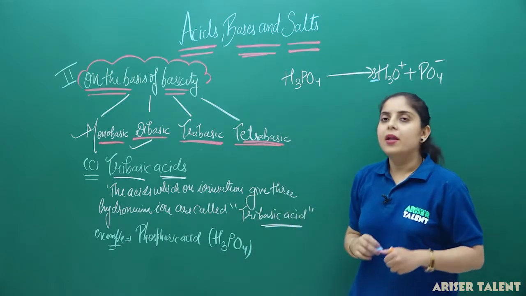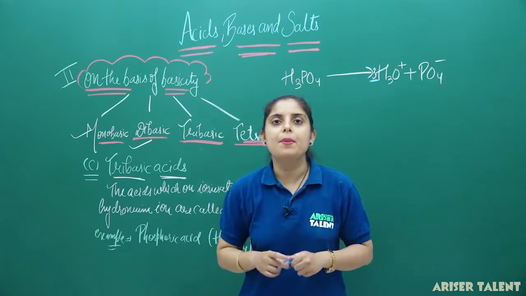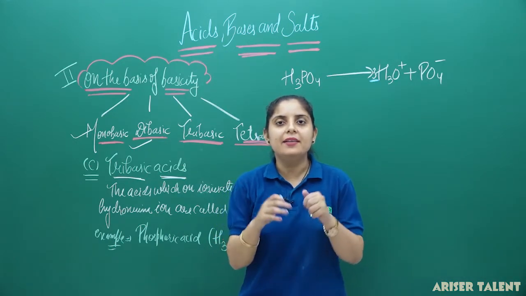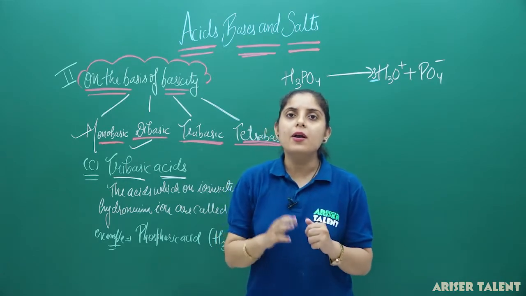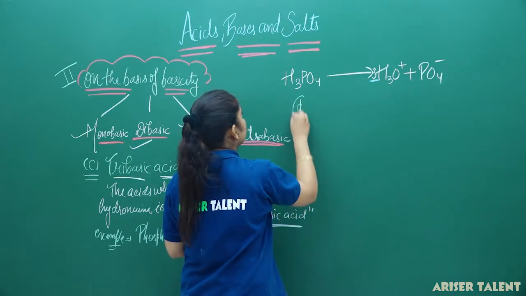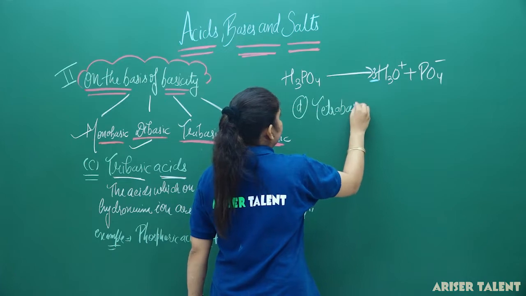Now tetrabasic. Tetrabasic acids are those acids which are capable of giving a large quantity of ions in the aqueous solution, and they are classified as strong acids and weak acids. So the fourth category is tetrabasic acids.